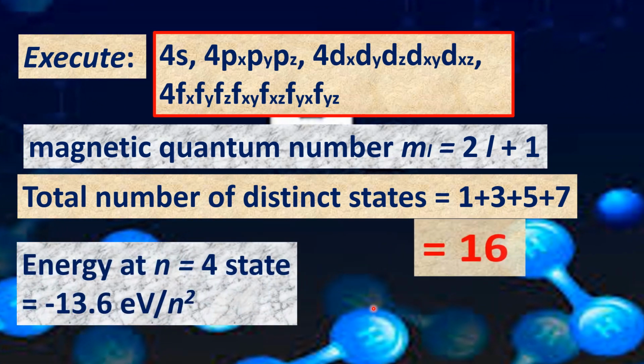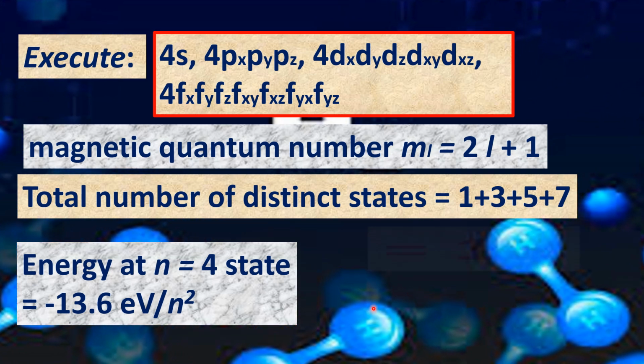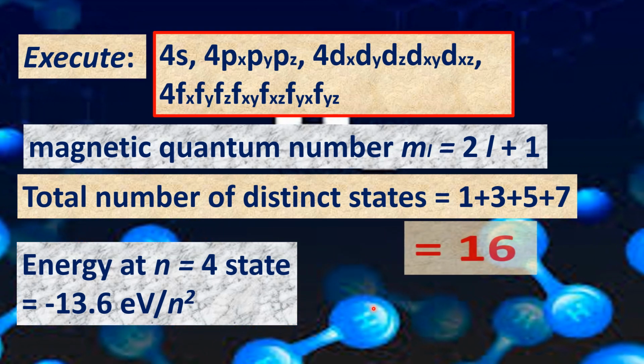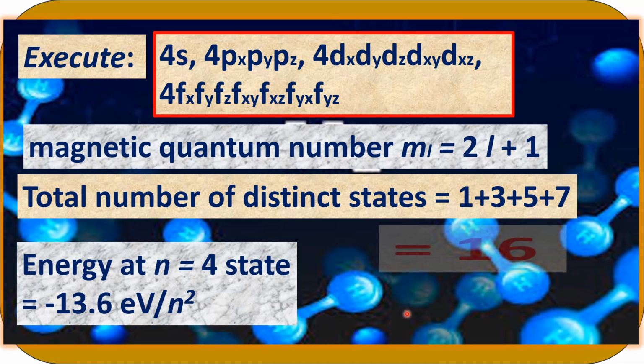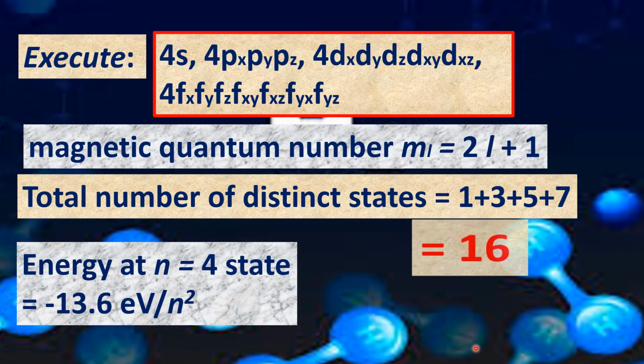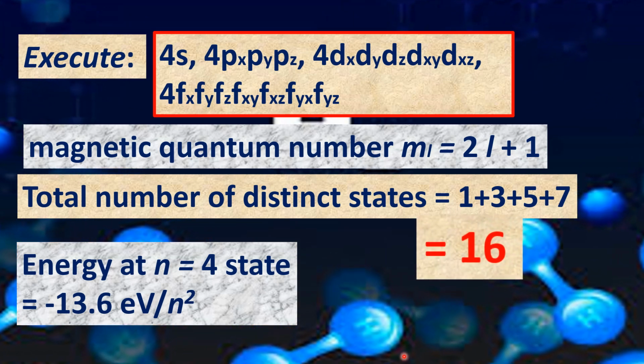So moving on to our last question, finding the energy at n equals 4. Using the formula negative 13.6 electron volts divided by n squared, where our value for n is equal to 4.